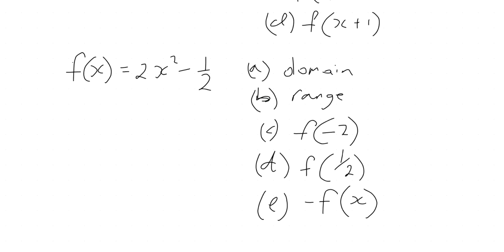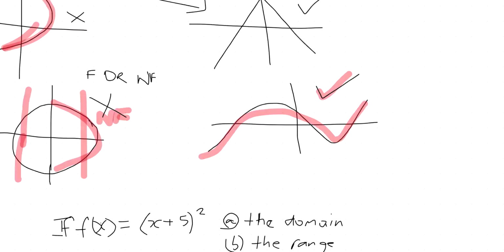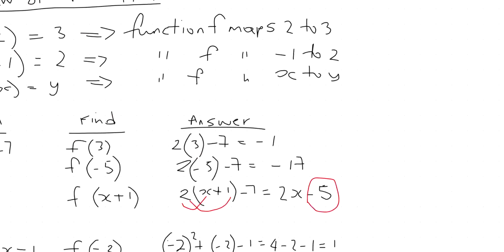Okay, so that's it for the review. And then we're going to go right into transformation in the next session. And I hope that this was helpful to review all the different items that we talked about. So we'll go back. We talked about functions, how you determine them.